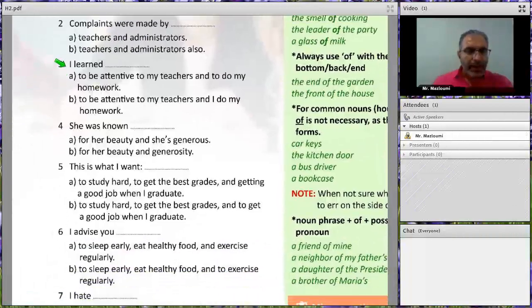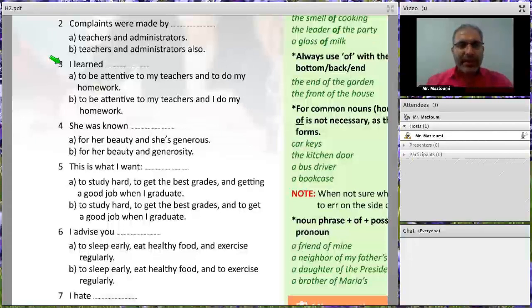Number 3. I learned, the answer is A, to be attentive to my teachers and to do my homework. So, you see, to do something and to do something. We have two infinitive phrases, guys, here.